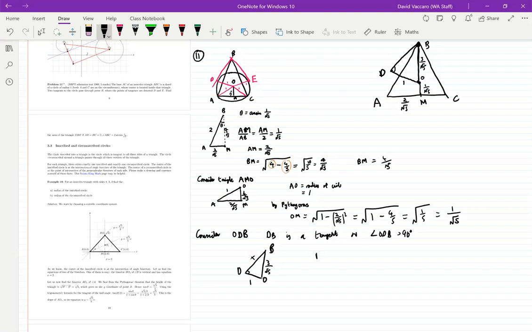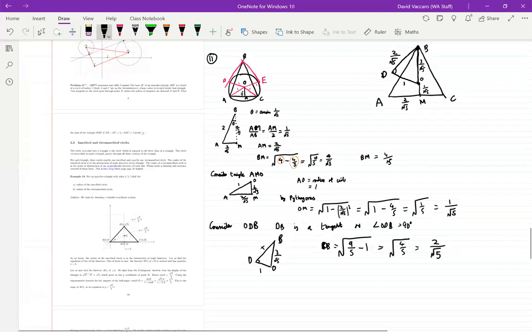So DB by Pythagoras is the square root of 9 over 5 minus 1, which is the square root of 4 over 5, which is 2 over root 5.